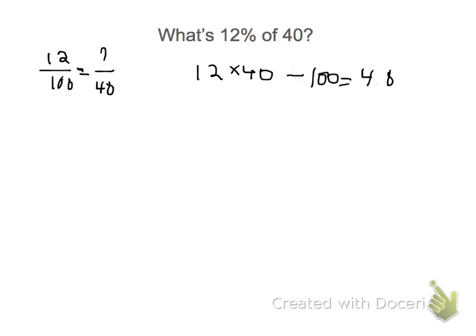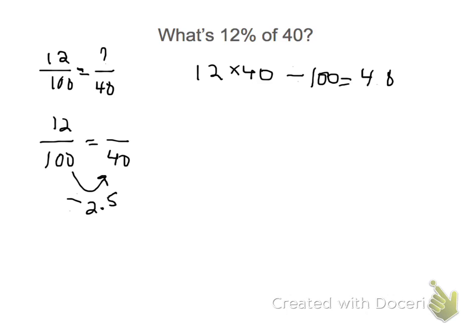The other way is you could think of it in terms of equivalent fractions. If I have 12 out of 100, how do I get from 100 to 40? Well, I would divide by whatever 100 divided by 40 is. Just 2.5. So if I divide 12 by 2.5, I should get whatever my answer is.